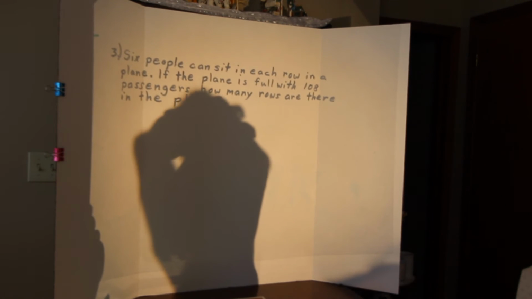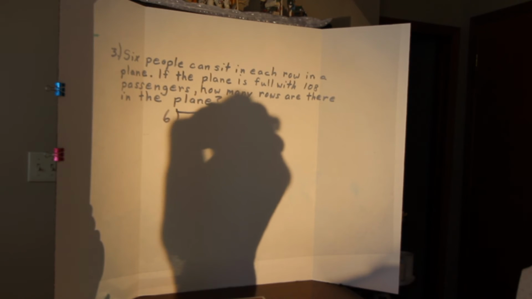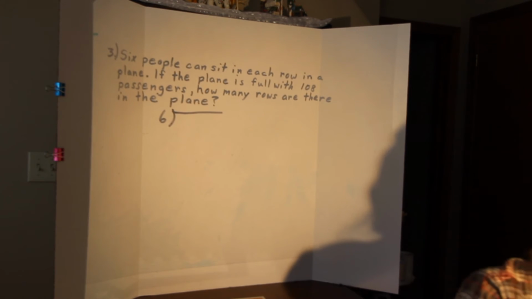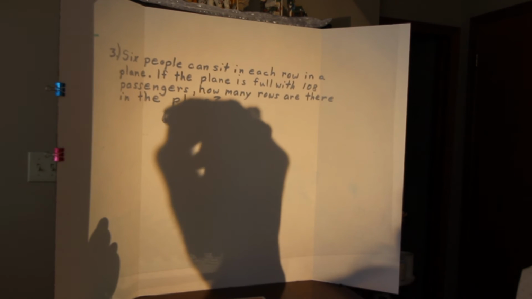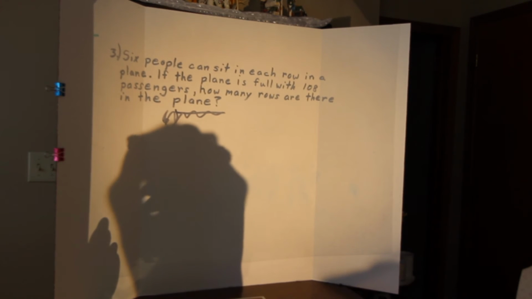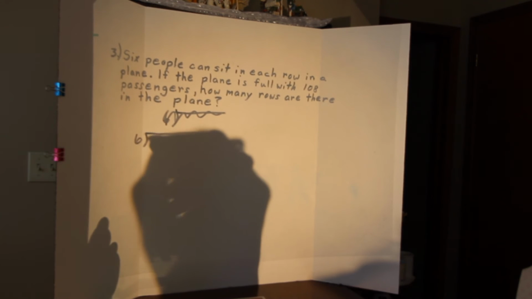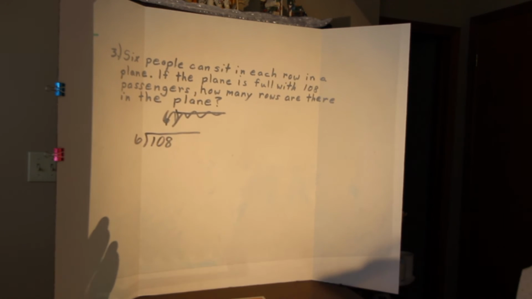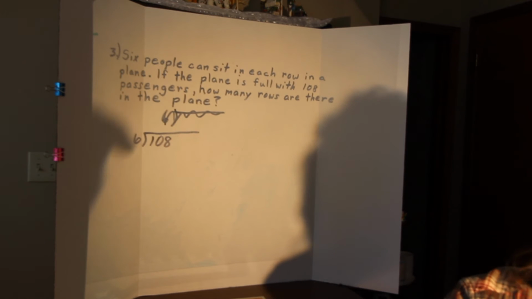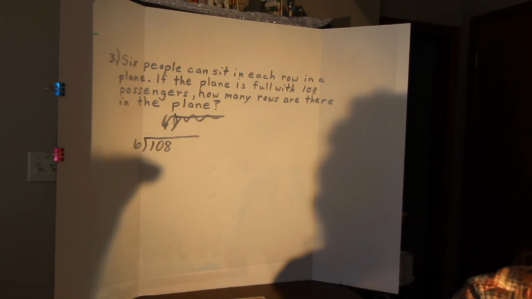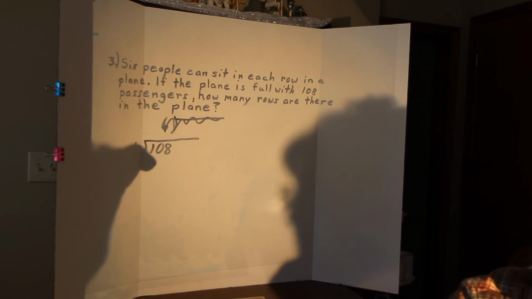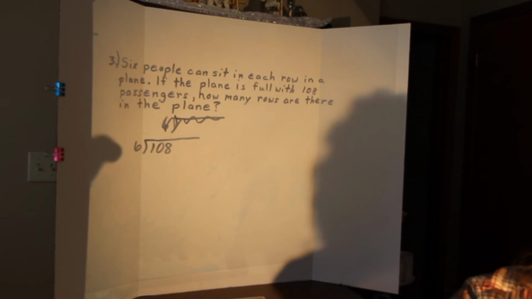So 6 people, 108. So 6 people can sit in a row, 108 people total. So there's my dividend, there's my divisor.